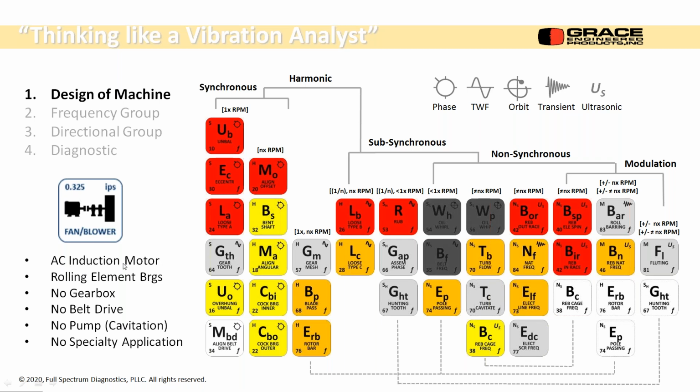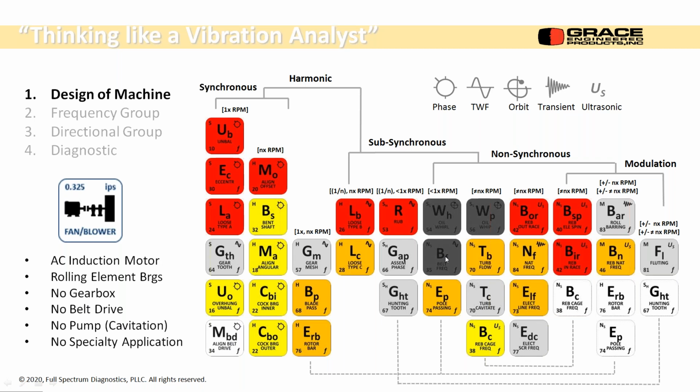I have an AC induction motor, so DC motor problems go away and fluting goes away. I have rolling element bearings, so there's no oil whirls from journal bearings. There's no gearbox. There's 1, 2, 3, 4 different gearbox faults. Those come off the table. There's no belt drive. There's a belt drive misalignment and a belt frequency.